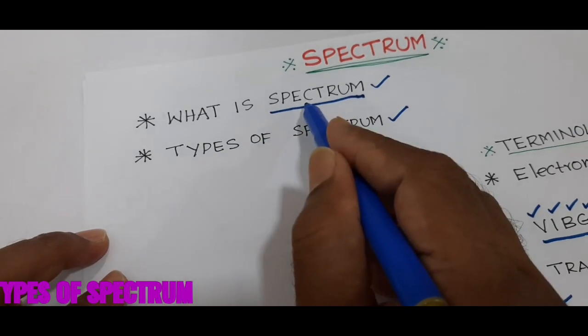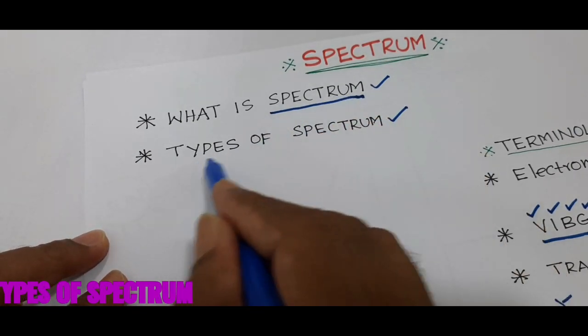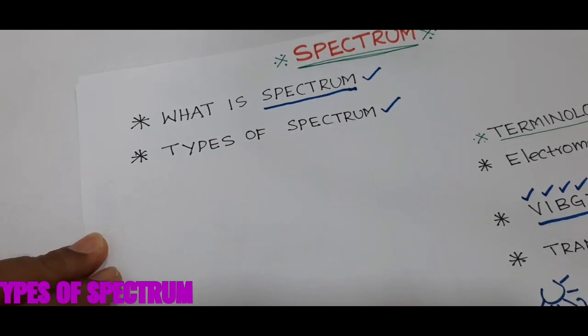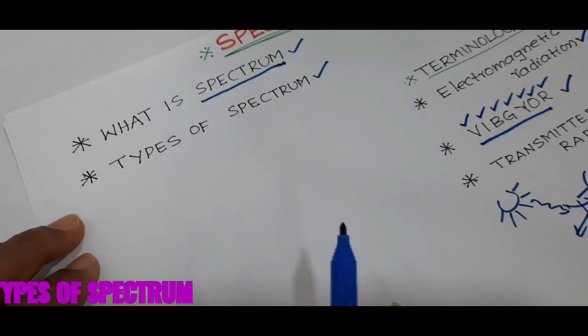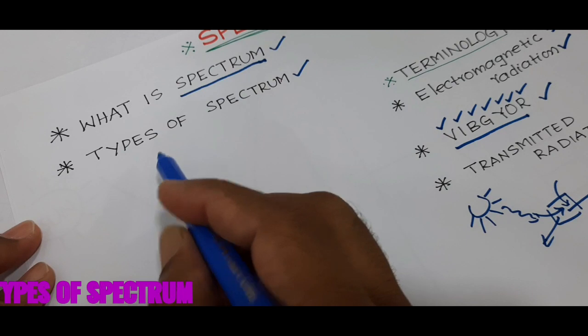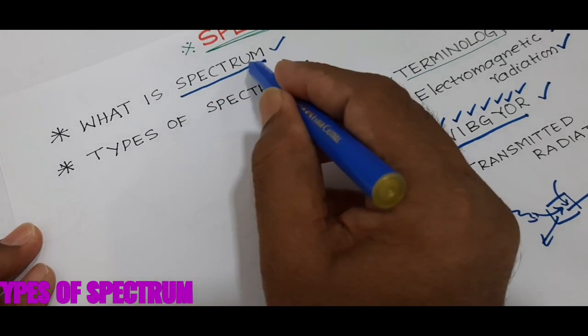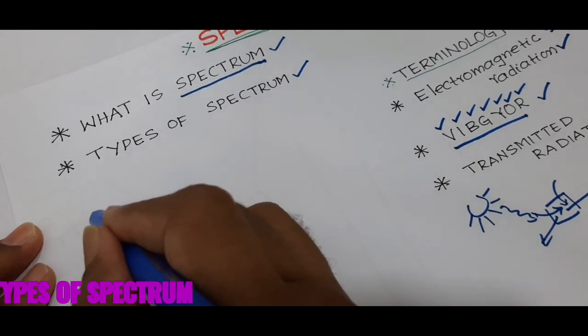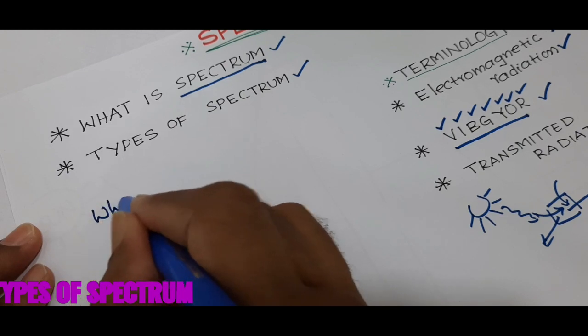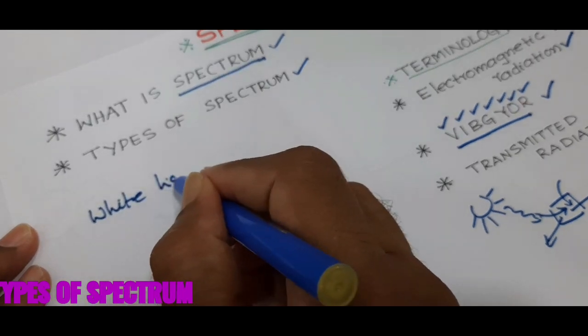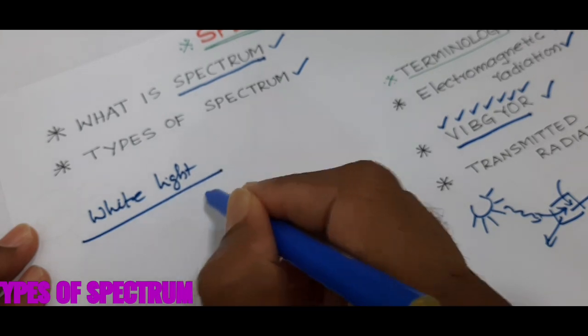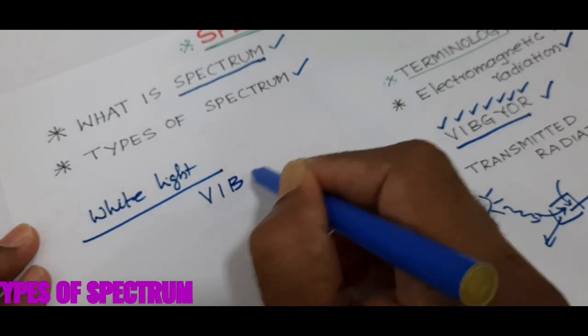Before entering into the types of spectrum, first students want to know the spectrum definition perfectly. Suppose I have a white light. Already we told that it is a combination of 7 colors, VIBGR.